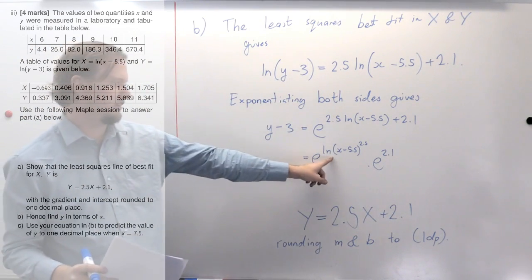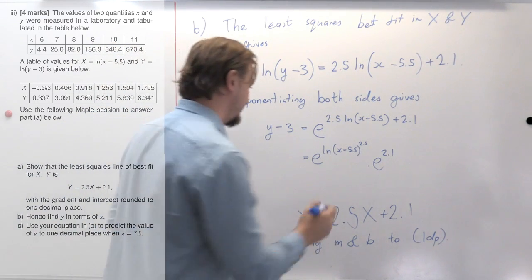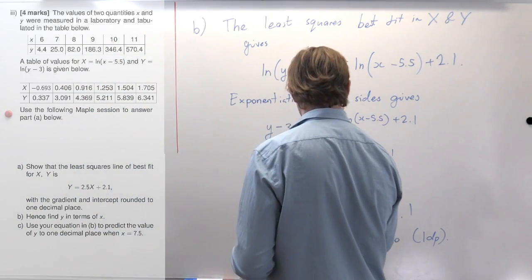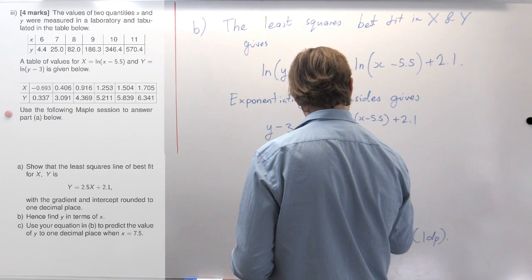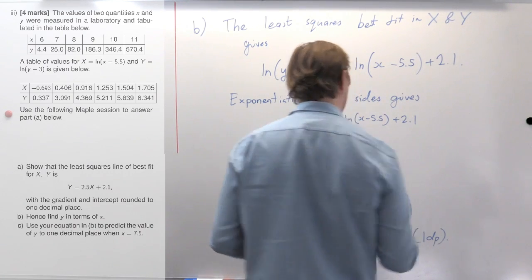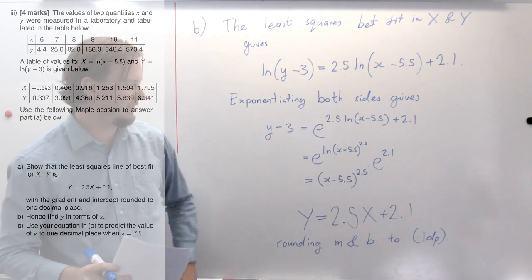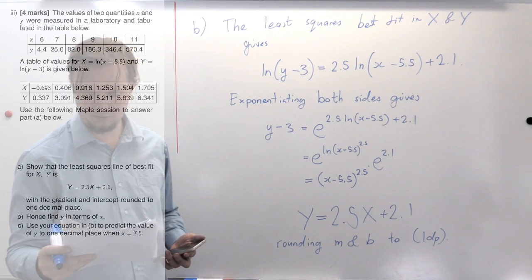Now this one simplifies quite nicely because the exponential of a log just vanishes. It's just the inverse of each other. So this is just going to be x minus 5.5 to the 2.5, and I probably need a calculator to work out what is the exponential of 2.1.